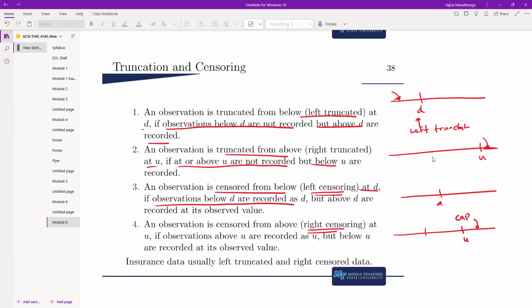So usually what you see in insurance is left truncated and right censoring. These are the two scenarios you will see. This comes from the deductible, and this comes from the cap, basically the maximum loss covered under the insurance policy. So let's say the maximum covered is 100,000, and the loss is actually 300,000.